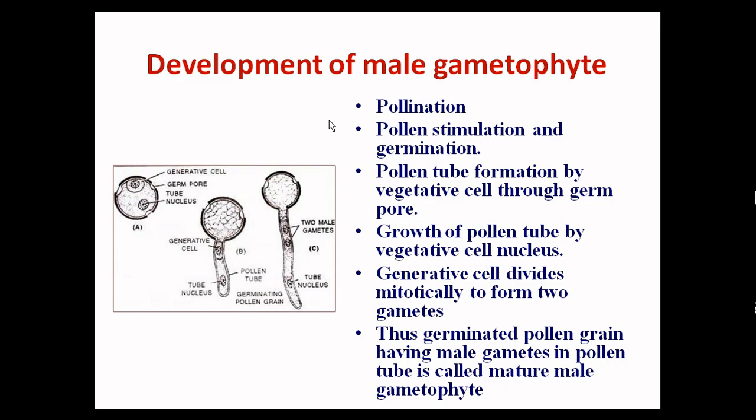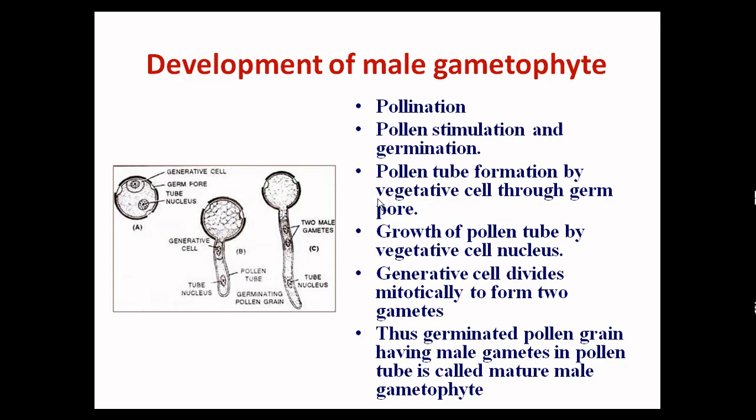Once these pollen grains reach the stigma, pollen stimulation takes place, and after the stimulation, germination of the pollen occurs. The pollen tube is formed by the vegetative cell through the germ pore.